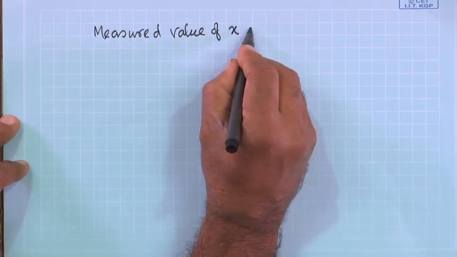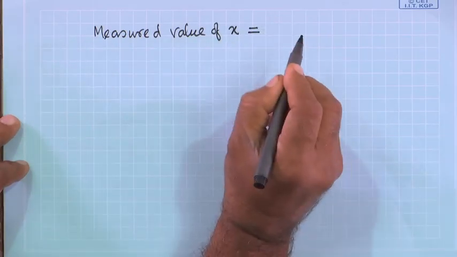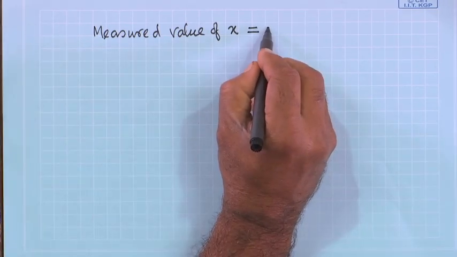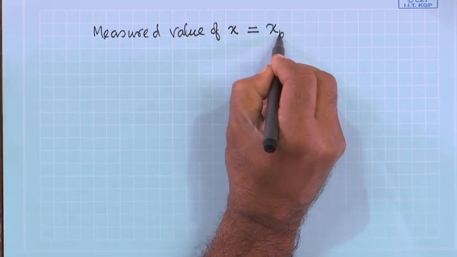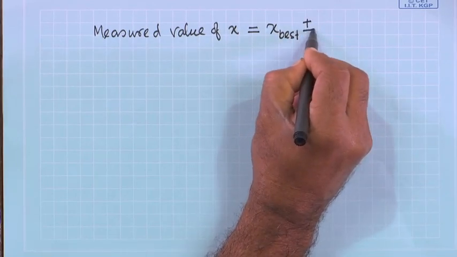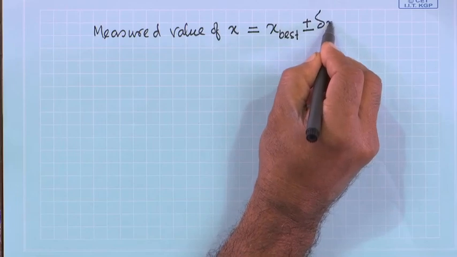Generally we write x best plus or minus delta x.